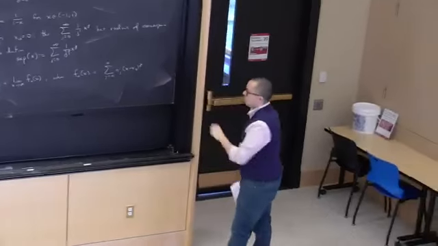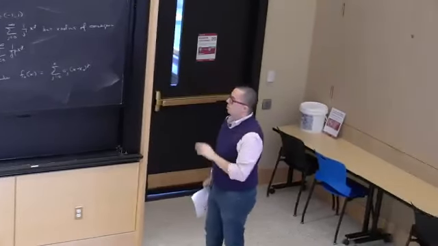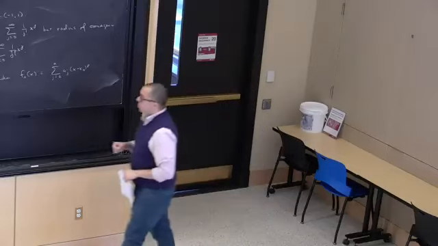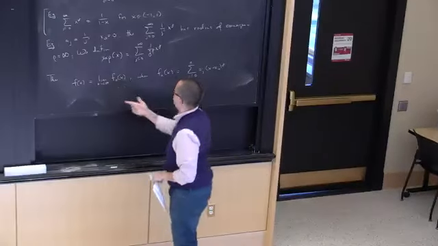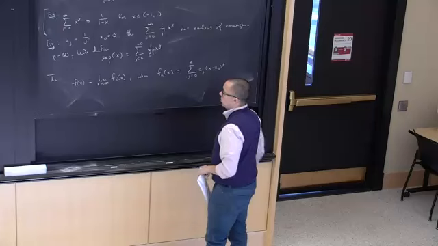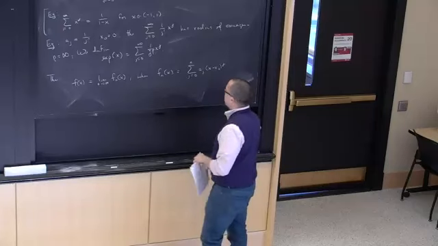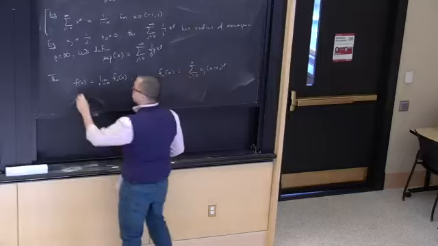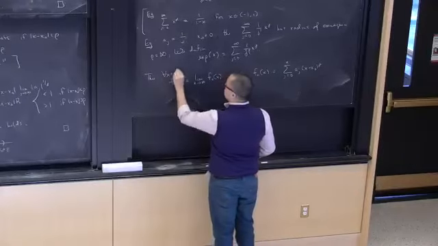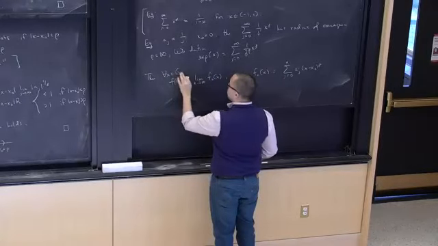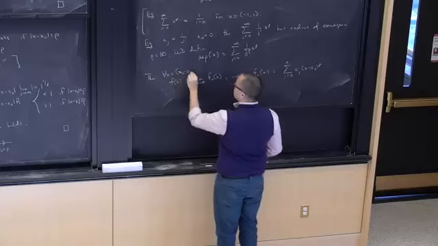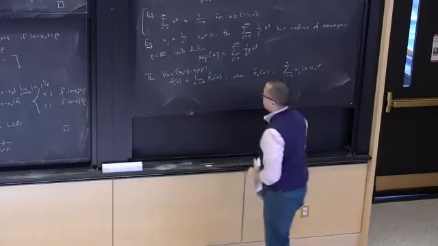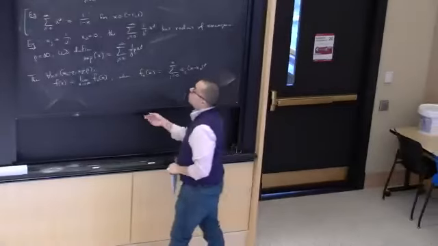Okay? It's just a polynomial, right? So for a power series, the limiting function can be written as the limit of the partial sums, which are just polynomials, for all x in this interval.